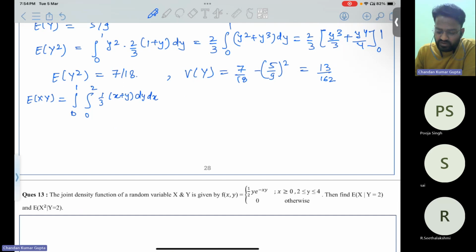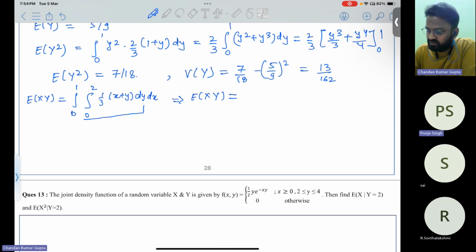First integrate with respect to y, and then again integrate with respect to x. The xy is also multiplied, because we need to calculate the expected value of xy, so xy and the joint f(x,y). After solving this, you will get 2 by 3 actually.